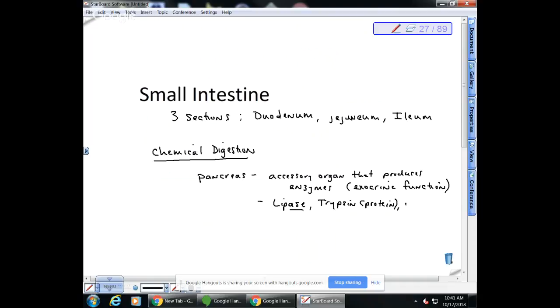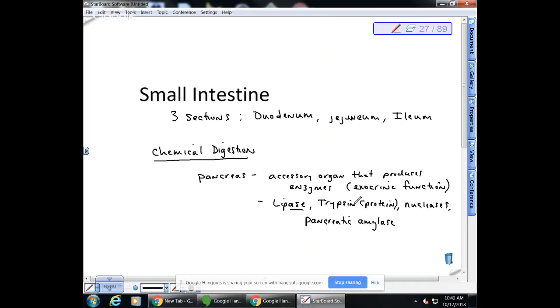And then we also have nucleases that digest DNA, so you can break down the DNA that is in your food. And then we also have pancreatic amylase. So that digests what type of molecule? Carbohydrates, sugars, right? So the digestion of lipids, proteins, DNA, and carbohydrates can take place in the small intestine.